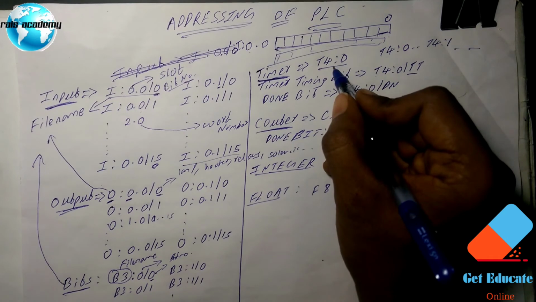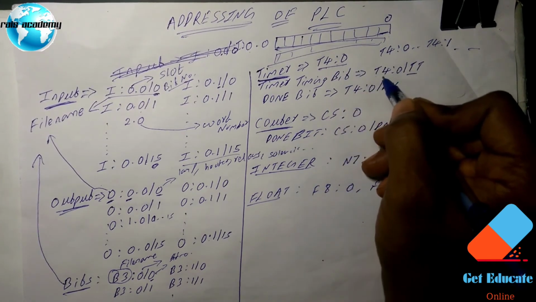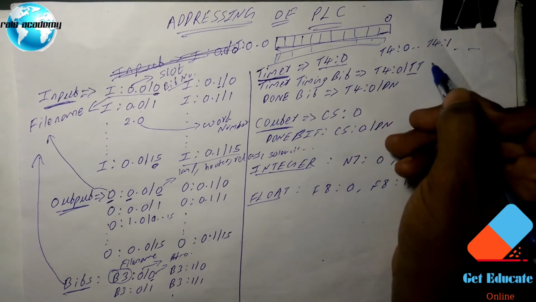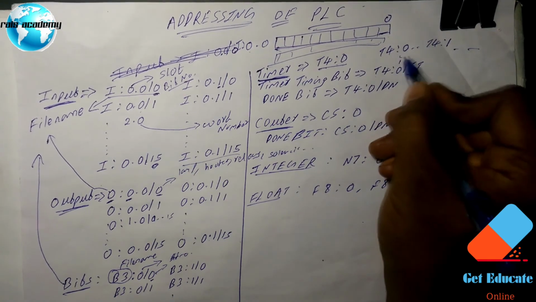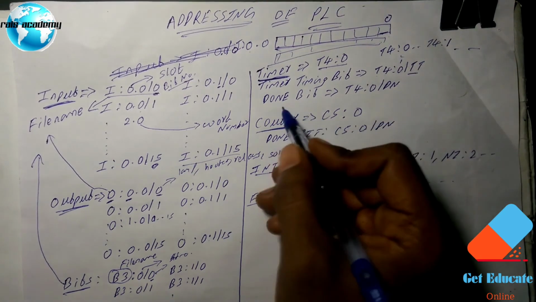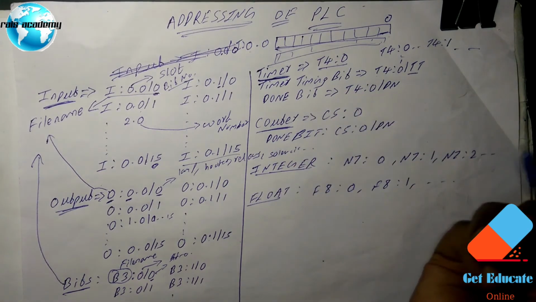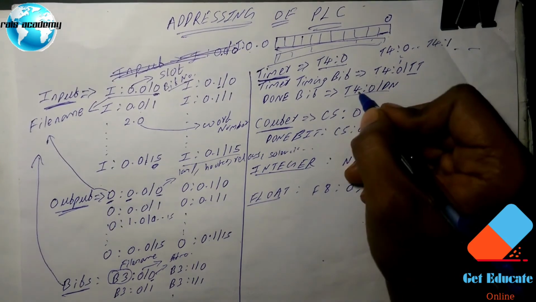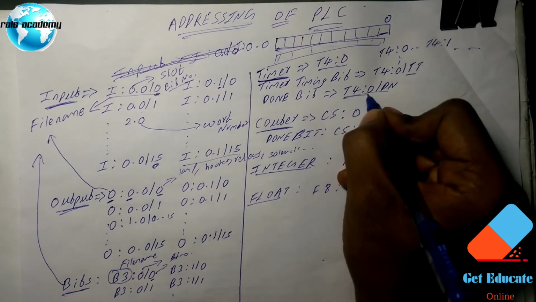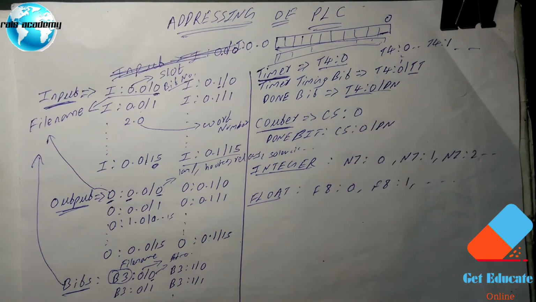If we are using timer address T4:0, then we write T4:0/TT. If you are using 1, then you write 1 here, or 2, write 2 here. What is the done bit? The done bit is another part of the timer instruction. I will show it to you later on. Just note that if you use a timer T4:0, then we use the done bit as T4:0/DN, a single bit.